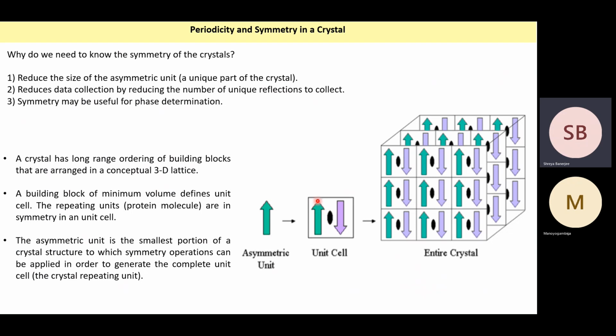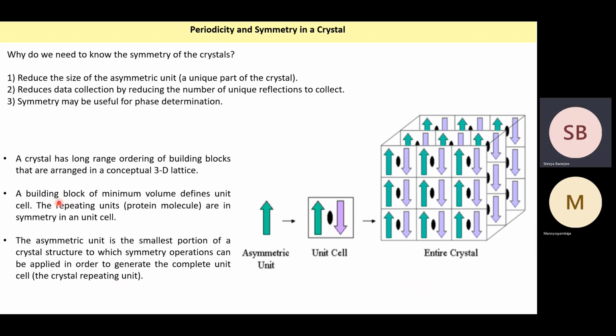So any point on this blue arrow, if reflected, should appear on this purple arrow. For every point on this arrow, you should have a point on the purple arrow opposite to it. So from an asymmetric unit, after carrying out a symmetry operation, which is here the center of inversion, which we will learn more about later, you can get the unit cell.